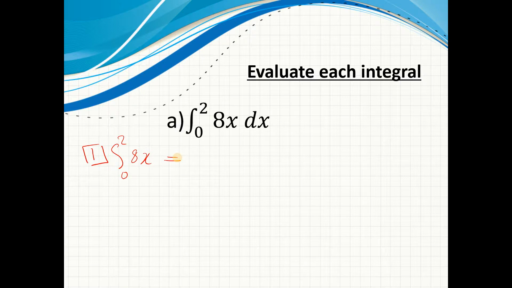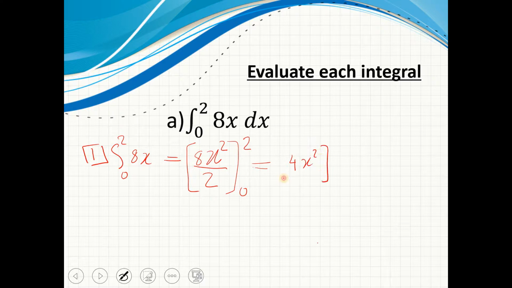Increase the power by 1 to x power 2 and divide by the new power. But here we have 8. And don't forget to write the square bracket with 0 down and 2 up. Simplest form, 8 divided by 2 is 4x power 2, from 0 to 2.